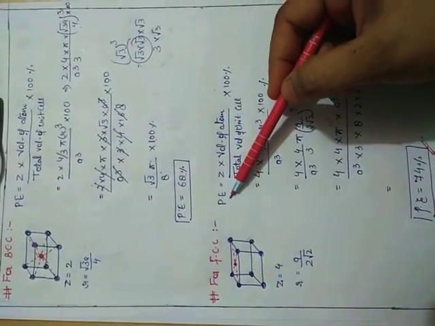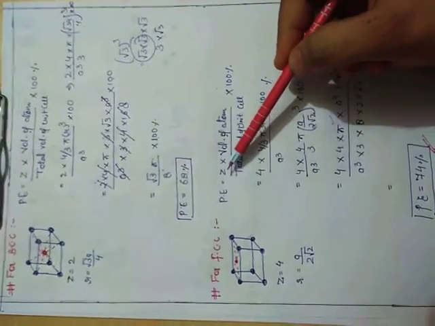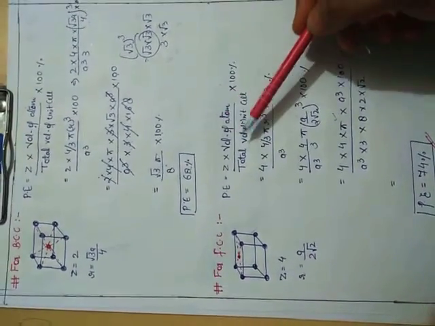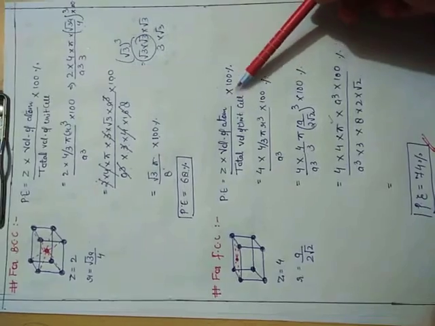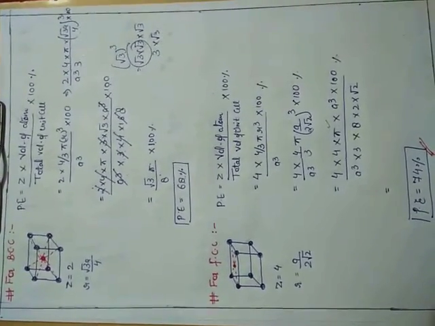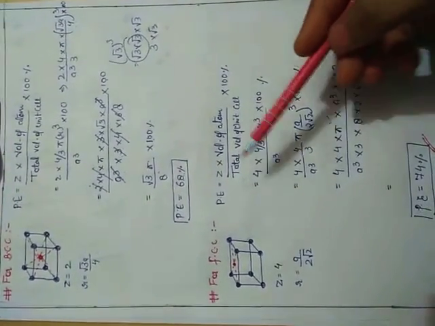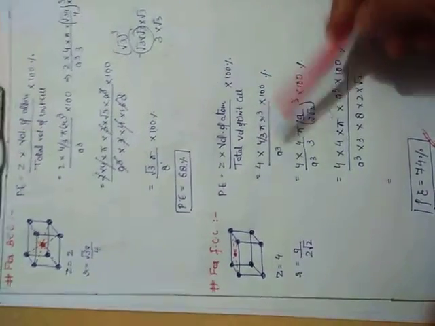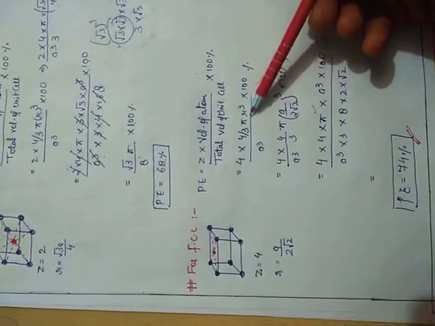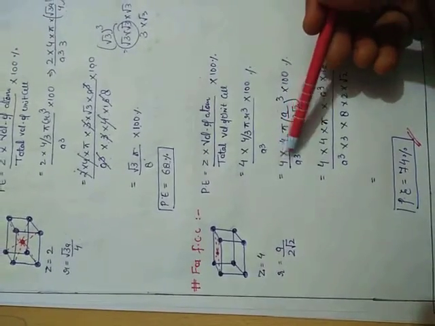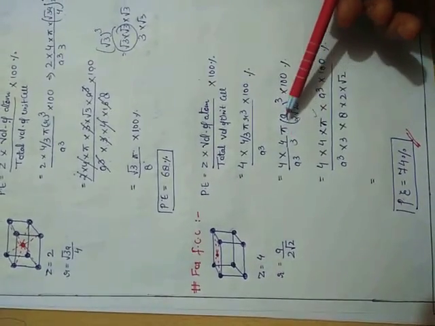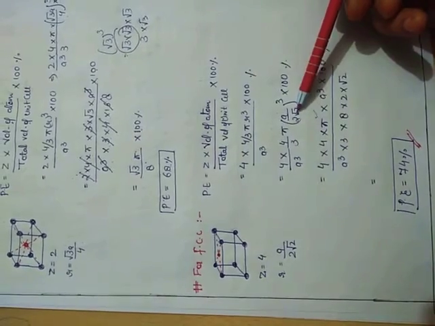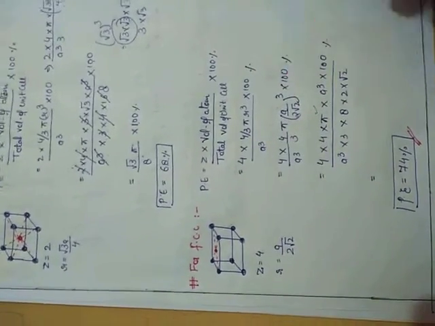So we put in the formula for packing efficiency: Z into volume of one atom upon total volume of unit cell into 100%. The number of atoms for FCC, Z, is 4. So 4 upon a cube into 4 upon 3 pi (a upon 2√2) whole cube into 100%.